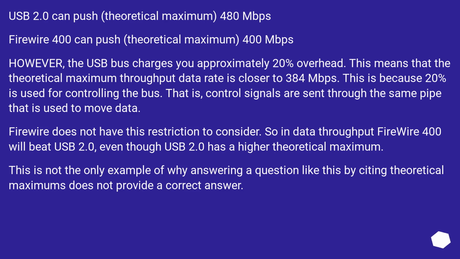That is, control signals are sent through the same pipe that is used to move data. Firewire does not have this restriction to consider. So in data throughput, Firewire 400 will beat USB 2.0, even though USB 2.0 has a higher theoretical maximum. This is not the only example of why answering a question like this by citing theoretical maximums does not provide a correct answer.